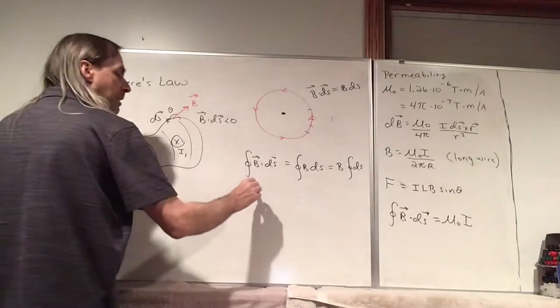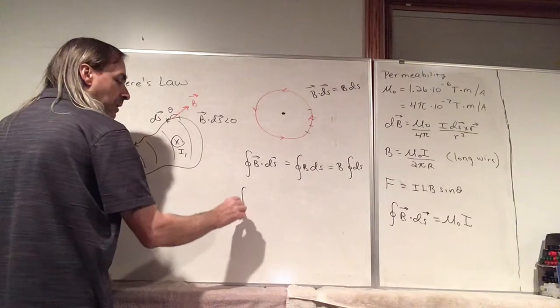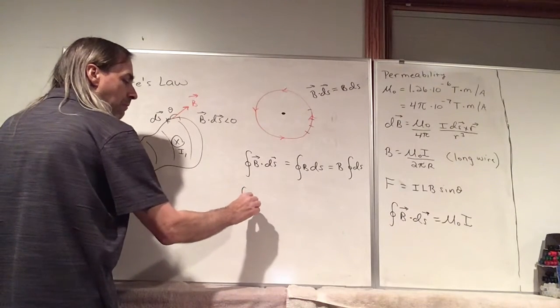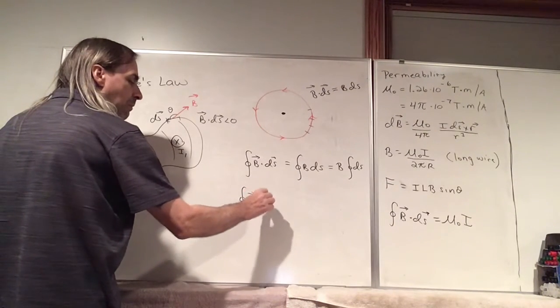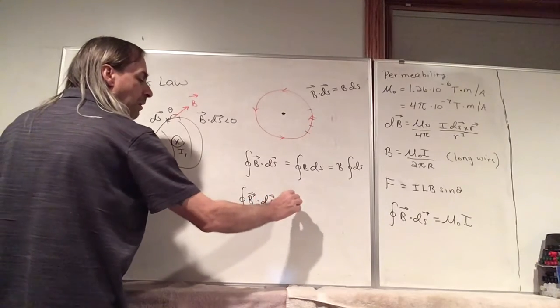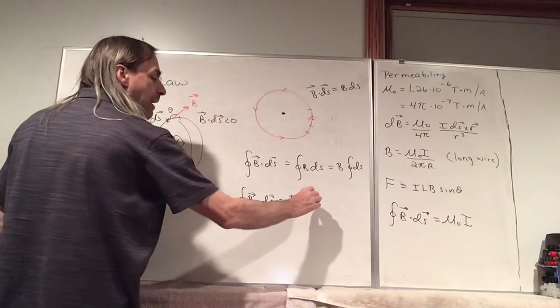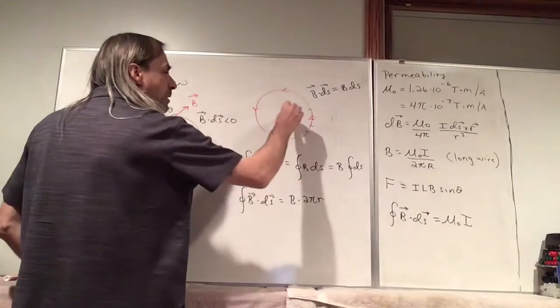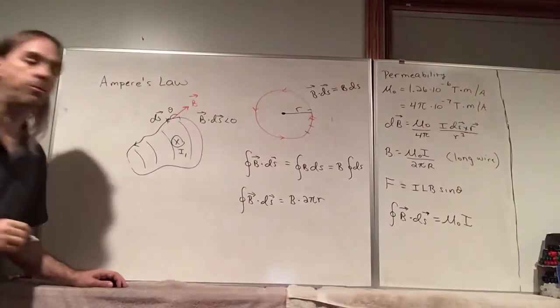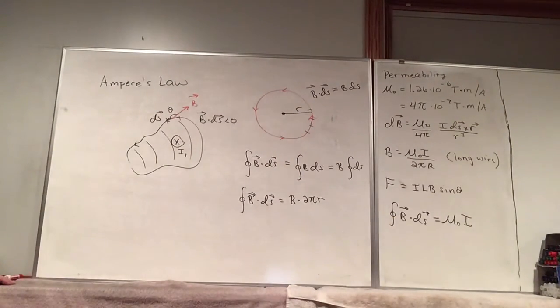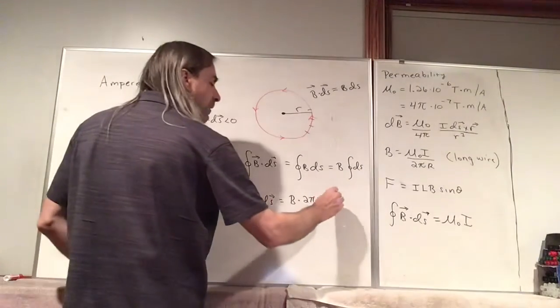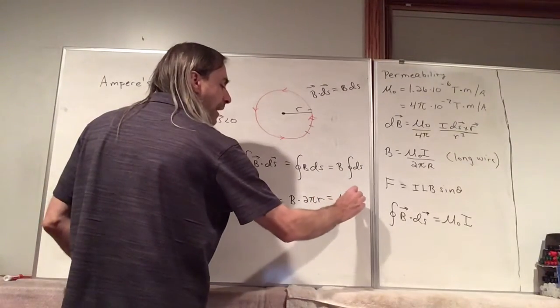So that's equal to B times the circumference, which is 2 pi r. And according to Ampere's law, this is equal to mu naught I.